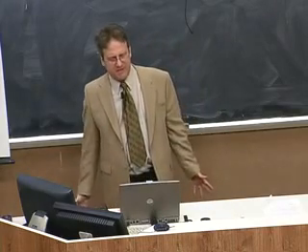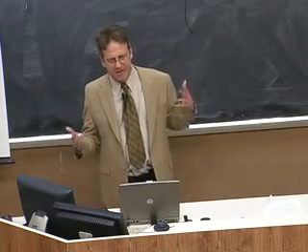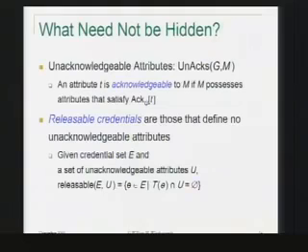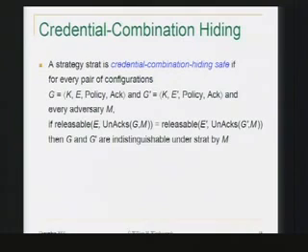What doesn't need to be hidden? Well, an attribute T is acknowledgeable to an attacker M or an adversary M if M possesses attributes that satisfy the acknowledgement policy of T, and releasable credentials are just those that define no unacknowledgeable attributes. So now I can articulate the safety requirement. We call it credential combination hiding. This is a property of strategies.